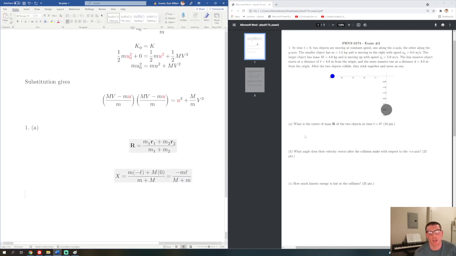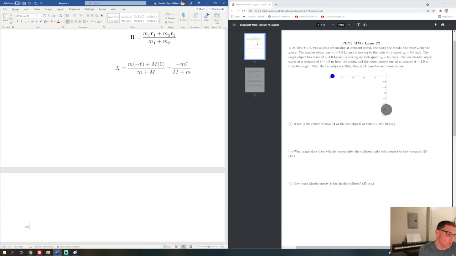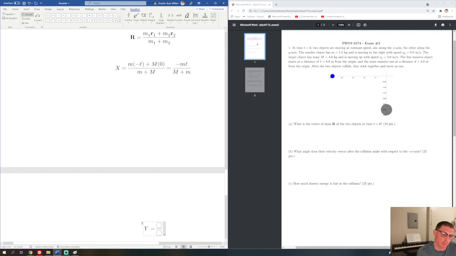So this is a nice example because one of them is just on the x-axis and the other is just on the y-axis. And so the y position of the center of mass will look similar, but opposite. Now we note that the y position of the smaller mass is 0, and the y position of the larger mass is at negative 3 meters.